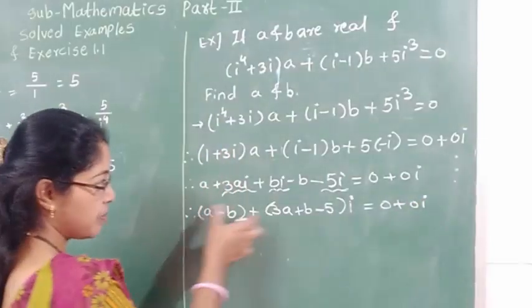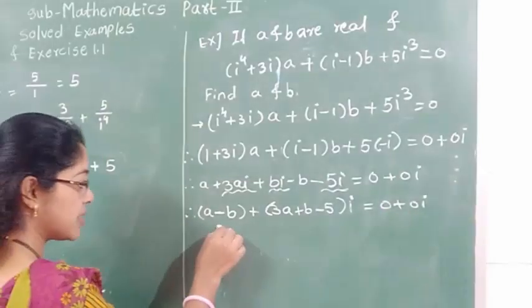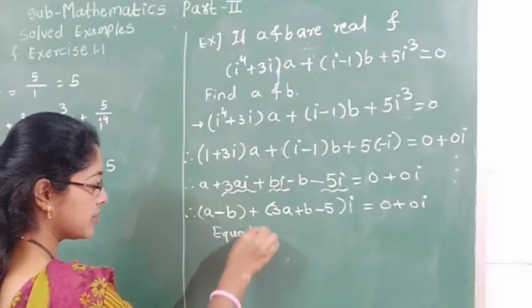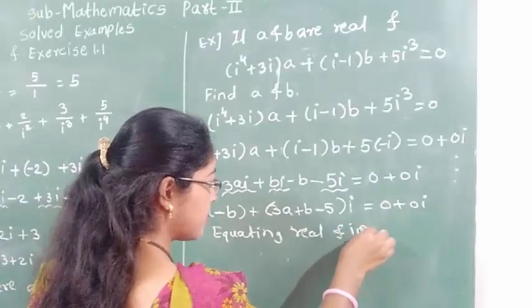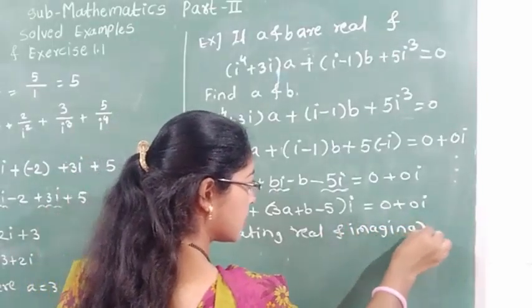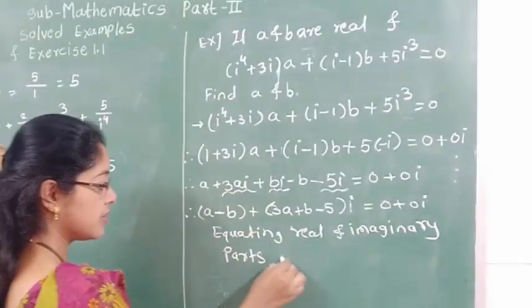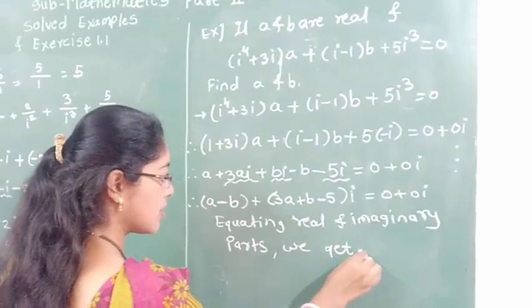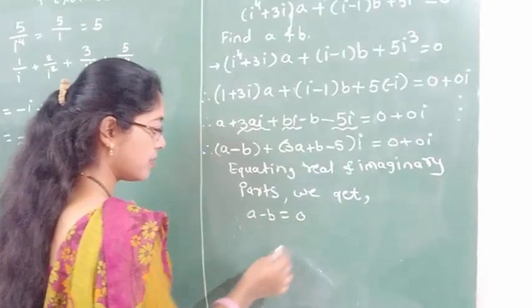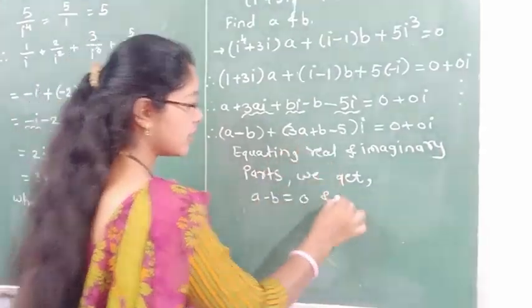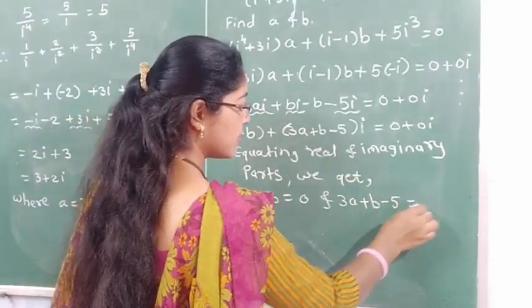So here real part, here imaginary part. We compare or equate the real and imaginary parts. We get a minus b is equal to 0 and 3a plus b minus 5 is equal to 0.